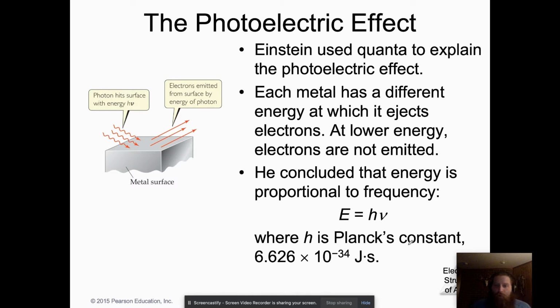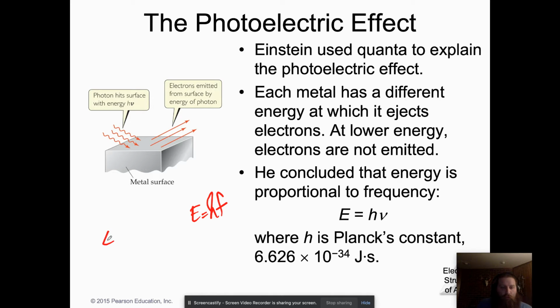Now, that's a pretty big jump, considering that everybody knew that light was a wave. It couldn't possibly be a particle, but as it turns out, he's right. The equation that he used to, I guess, prove that is E equals hν, or again, E equals hf.